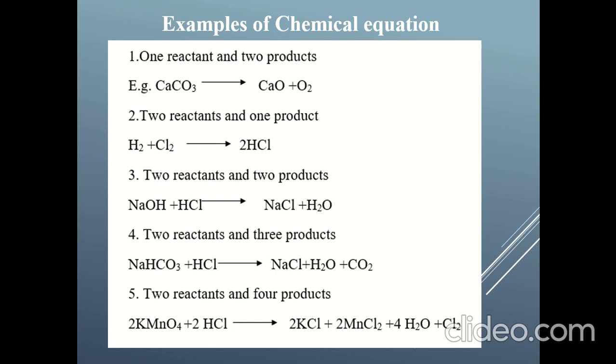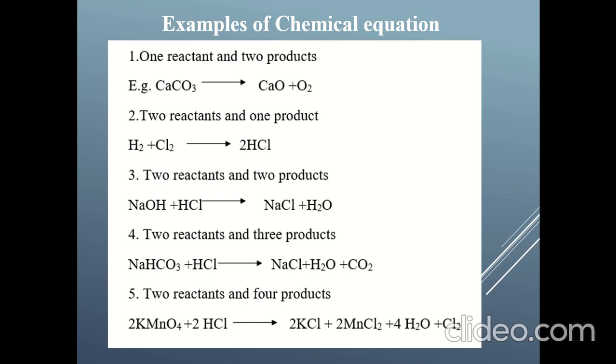Now NaHCO3, that is sodium bicarbonate, reacts with HCl to form salt, water and carbon dioxide. So always remember, whenever carbonate is there in the reactant, carbon dioxide is formed as the product. So sodium bicarbonate and HCl react to form salt, water and carbon dioxide.